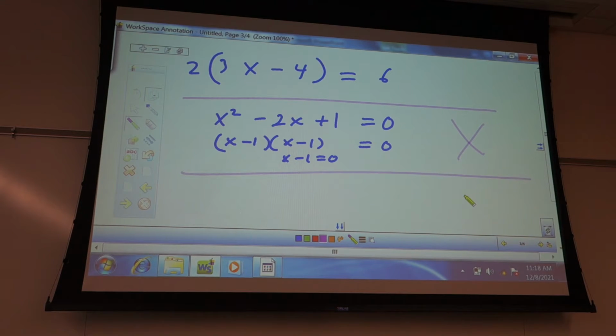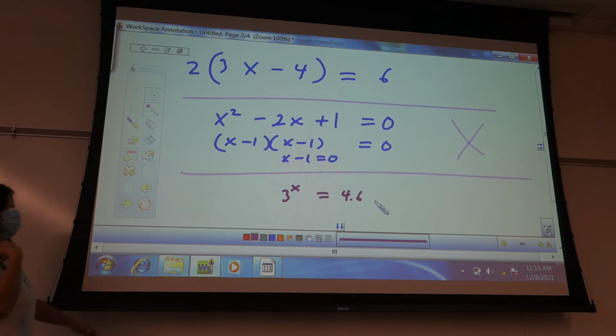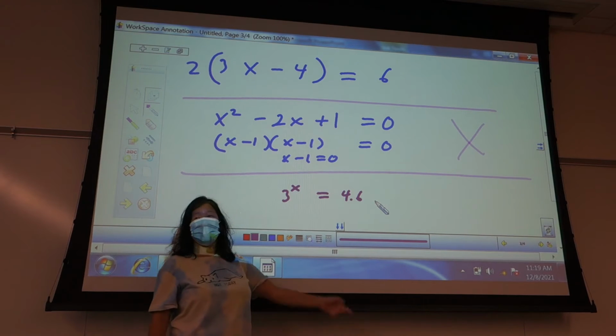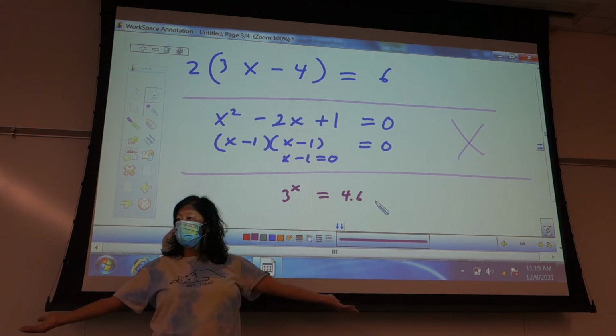Well, that's all fine and good. The problem is sometimes we get stuff where x is in the exponent, and we don't know what that is. So this becomes a big issue for us. 3 to the what gives me 4.6? I don't know.